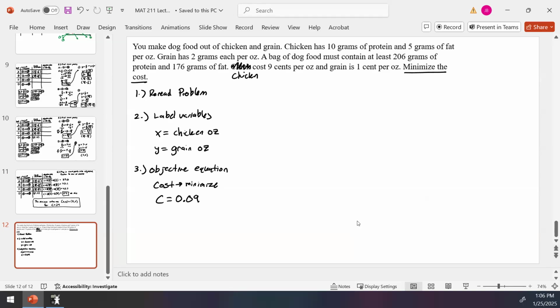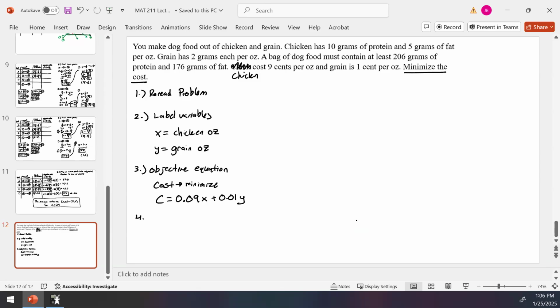If you wrote the number 9, you'd basically be saying $9, if assuming everything else is equal. But you could technically use 9 as long as you know that your final answer is in cents, not dollars. So 9 cents per chicken ounce, and then 1 cent per grain ounce. So that's our equation. That's our objective. We're going to use it to calculate the values at the end.